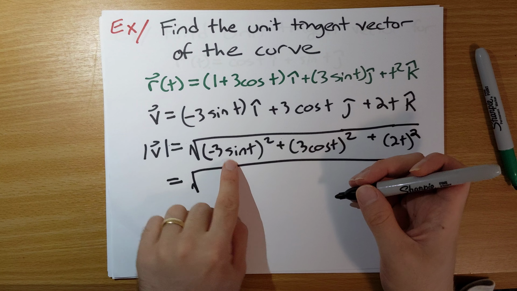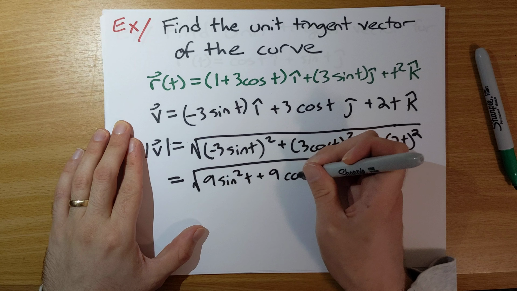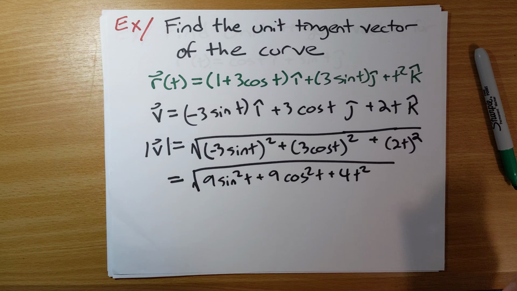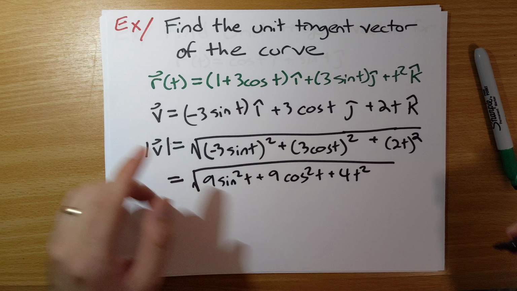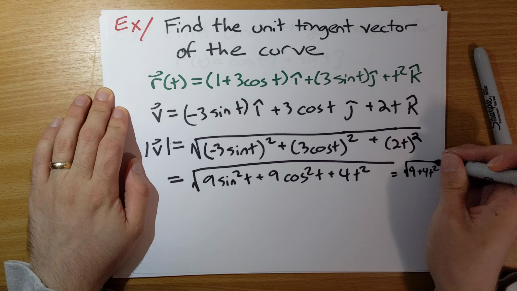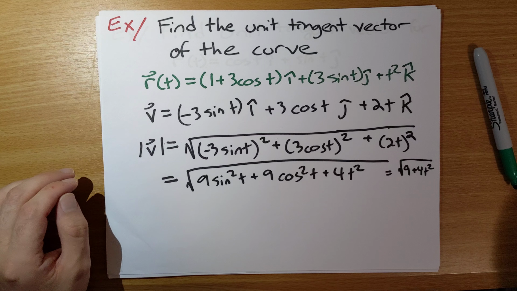So this would be 9 sine squared t plus 9 cosine squared t plus 4t squared. Of course, sine squared t plus cosine squared t is 1, so this is just the square root of 9 plus 4t squared. Great, we have found the magnitude of v.